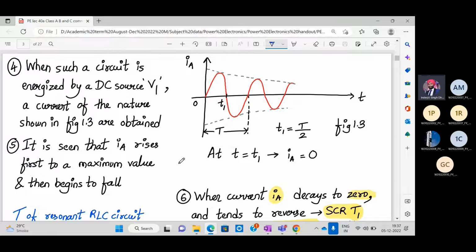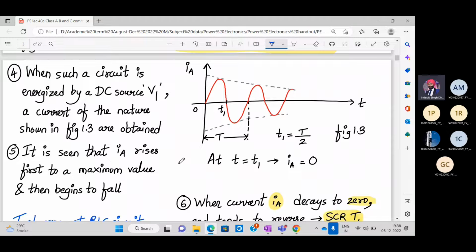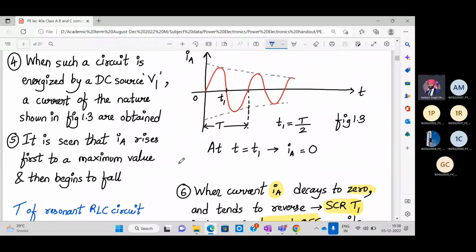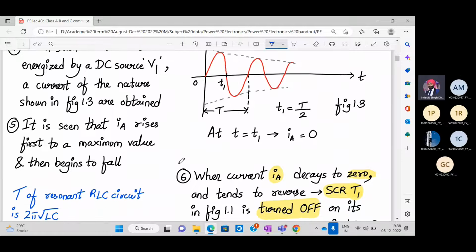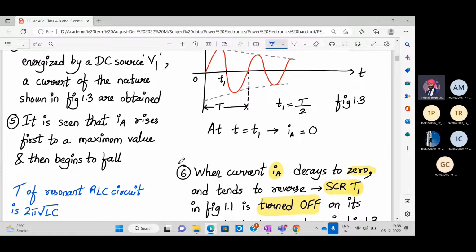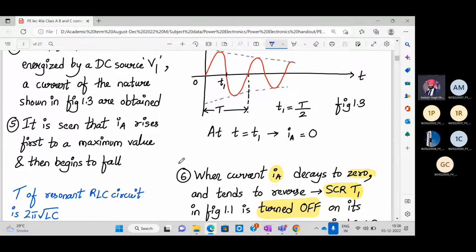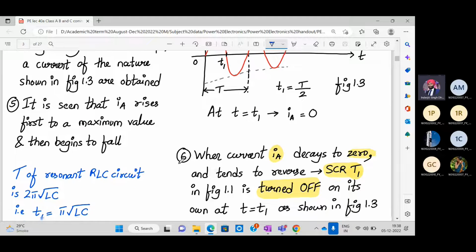Any doubts? So T is called the period of the underdamped oscillations. So T1 is around T by 2. At t equal to T1, your IA is 0. IA is actually the anode current flowing through the SCR. What is T given by?